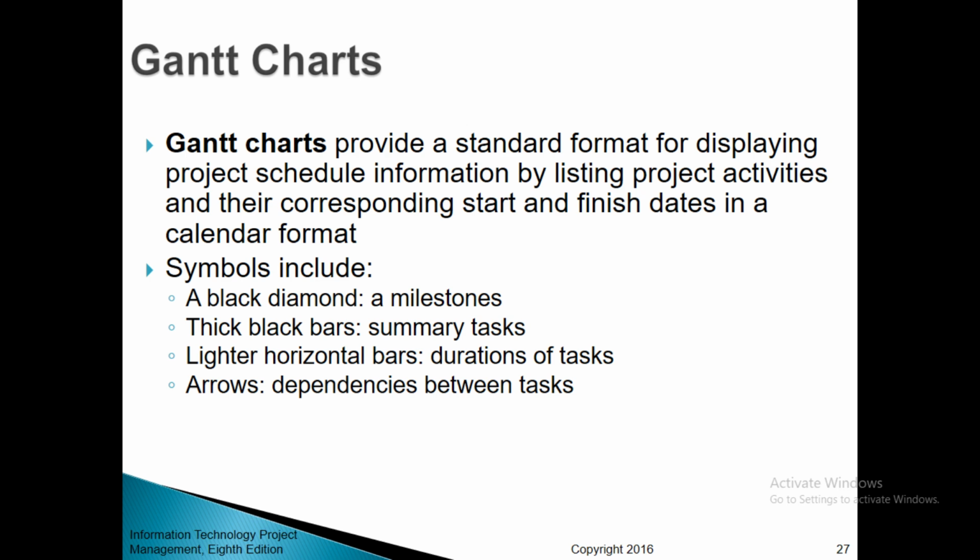And thick black bars are summary tasks. Tas ang lighter horizontal bars is the duration of tasks. Tas ang arrow naman is the dependencies between tasks. So, makikita man din ninyo ang Figure 6-5, a Gantt chart for Project X.